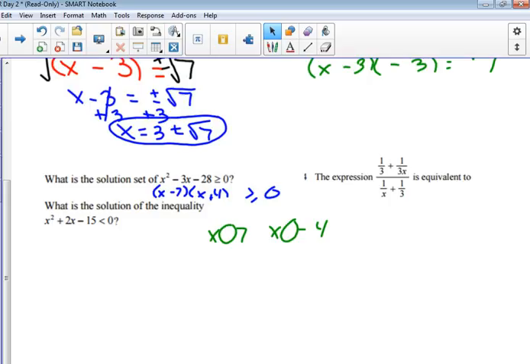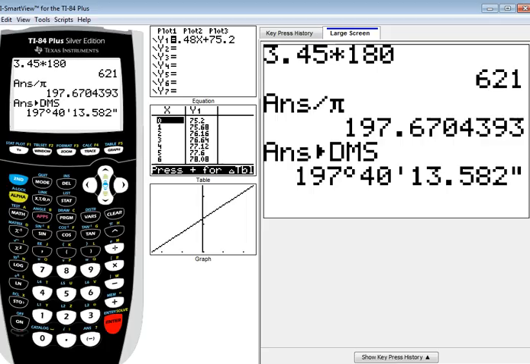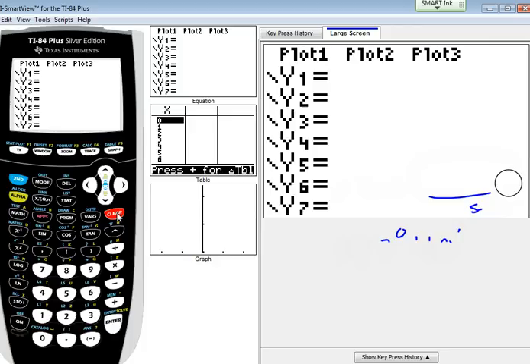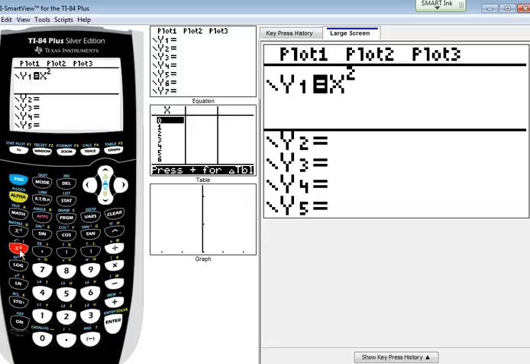Okay, so we're going to go to our y equals piece, and type in the quadratic, but we need to put in our inequality sign. So x squared minus 3x minus 28.